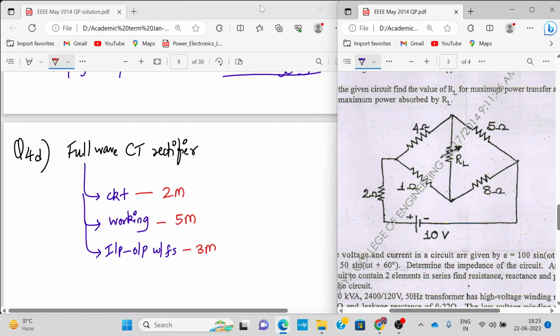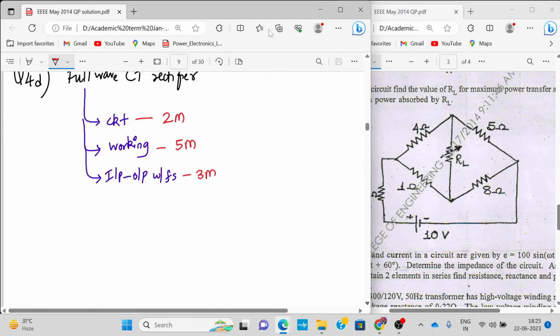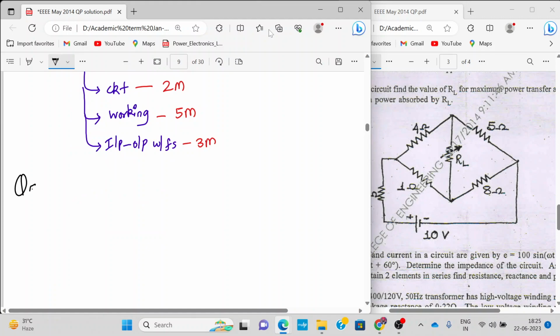Okay, shall we start? Yes. So question number 5A, we need to find RL, and once we find the value of RL, we have to find the maximum power.